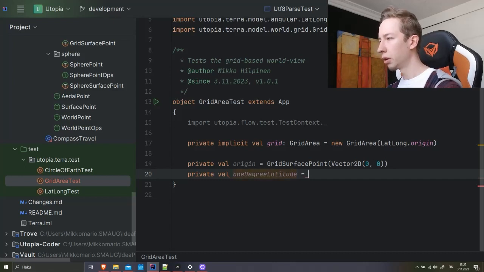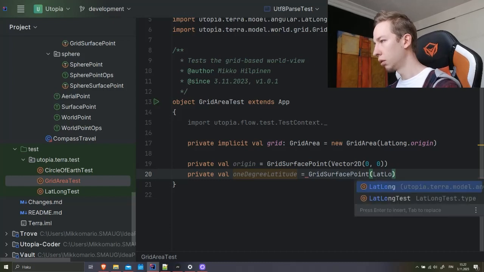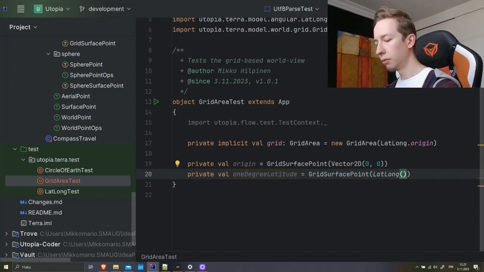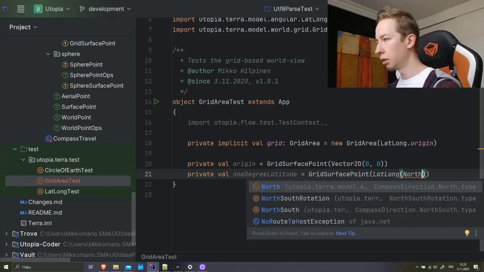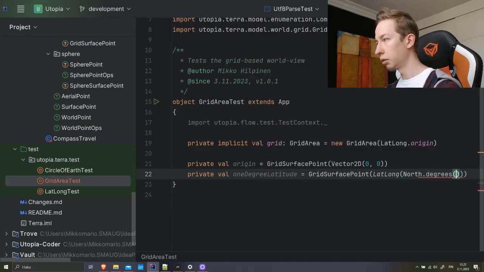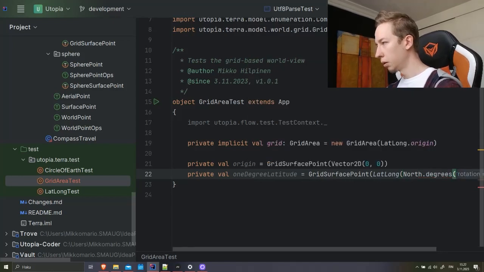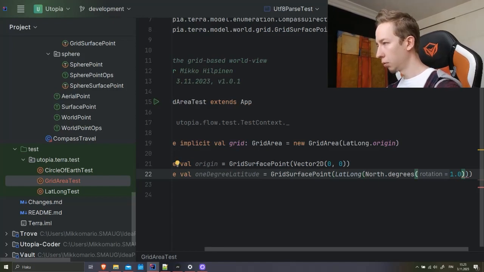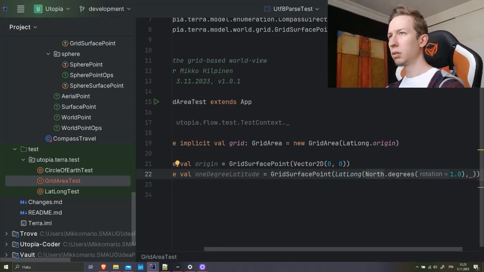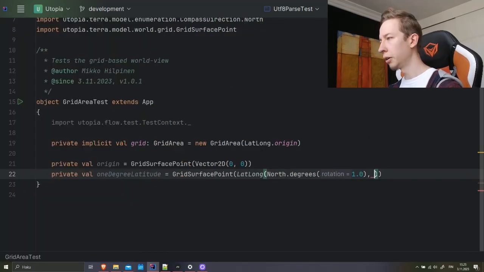This is an important measurement because this should match 100 units of vector distance along the x-axis. So create surface point. We have latitude of rotation. Well, let's go north. So north degrees 1.0. Yeah. And then we have the longitude. Oops, let's close this one so we can see better.